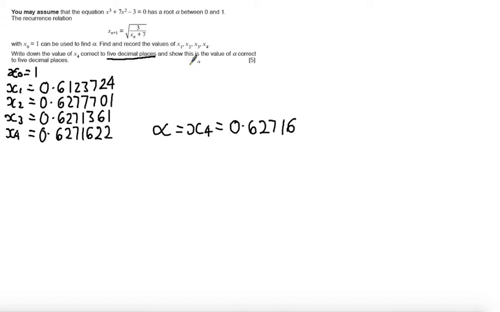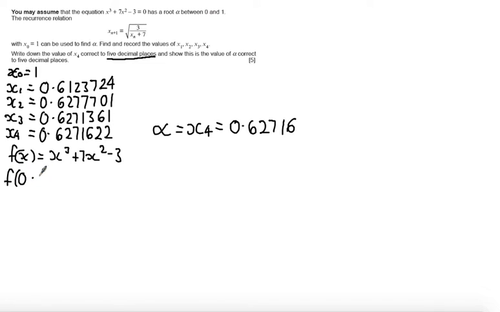Now, the last part of the question asks us to show that this is the value of alpha correct to 5 decimal places. So if we take f of x is equal to the function x cubed plus 7x squared minus 3, as this is the equation we're trying to find the root of, what we want to do is take the upper and lower bounds for 0.62716 rounded to 5 decimal places and do the change of sign test.